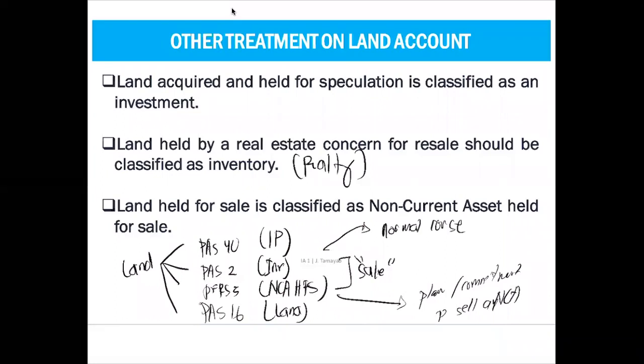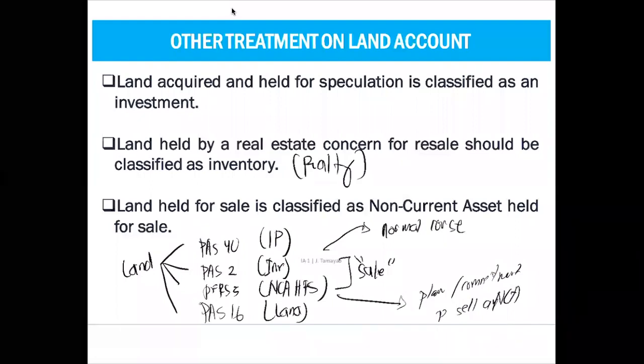Now, if your land is within the definition of PAS 16, it is for rental to others, for administrative use, or for the use of your production or supply of goods, then we say that is under PAS 16. So it is important to look at the purpose of your property. Is that investment property, inventory, non-current asset held for sale, or your land? This is in consonance with your practice already.